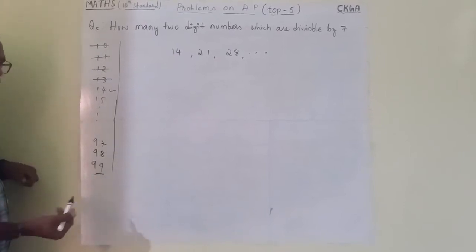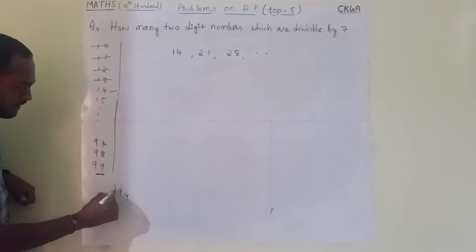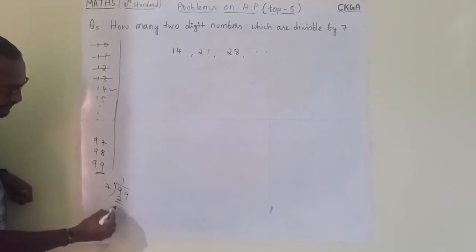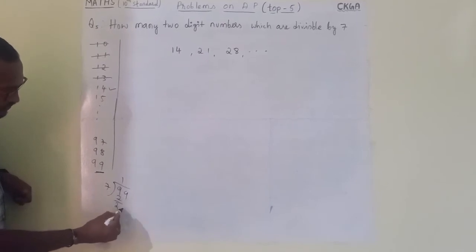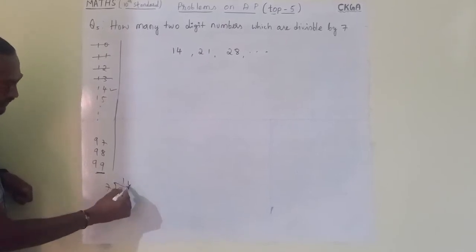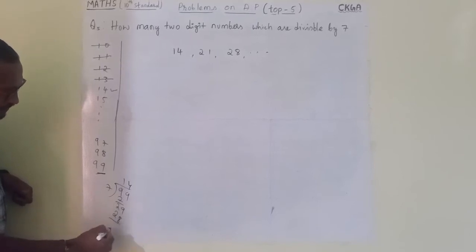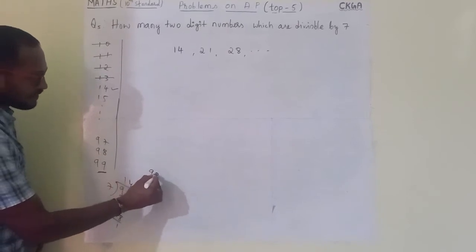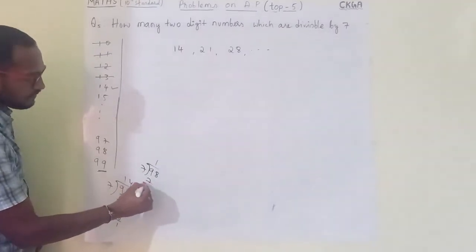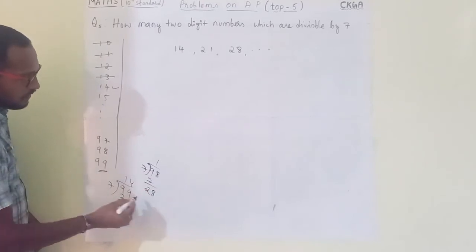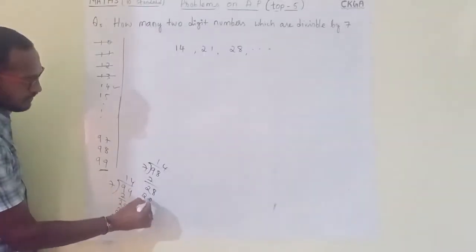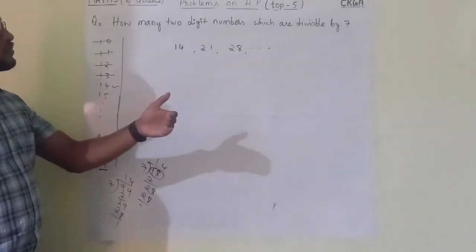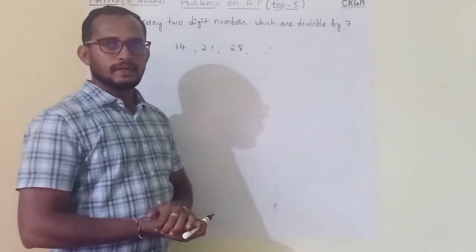Whether 99 will go by 7, let's discuss. 7 ones is 7, 9 minus 7 is 2, 29. 7 fours are 28, so 1 is the remainder, it may not go. Let me go for 98. 7 ones is 7, 2, 8 you take. 7 fours are 28, very easy to predict. So 98 is the last two-digit number which is divisible by 7.